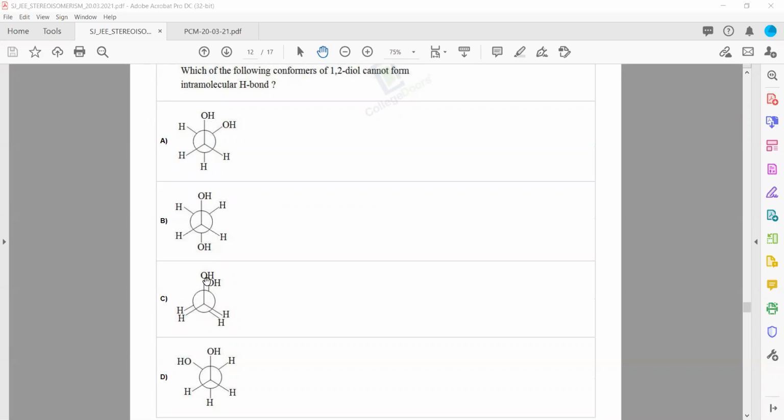For the intramolecular bond, the OH groups should be closer. If they are opposite to each other, how is this H going to attract the delta minus of the oxygen?